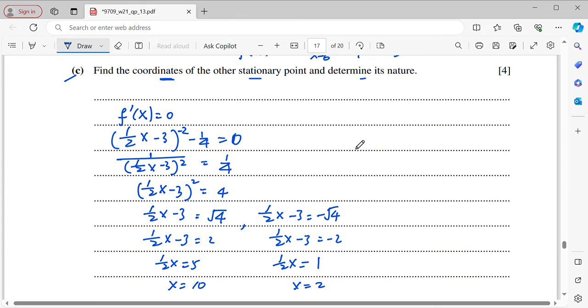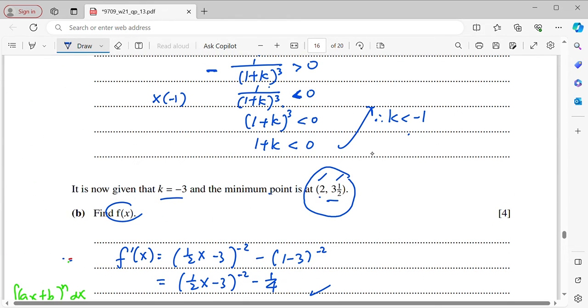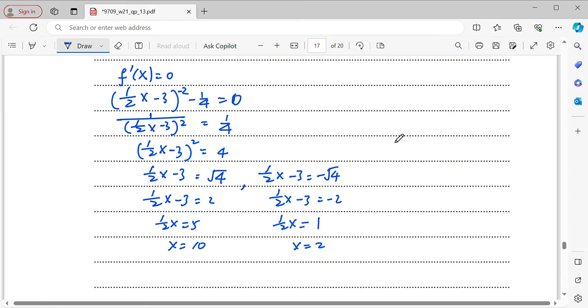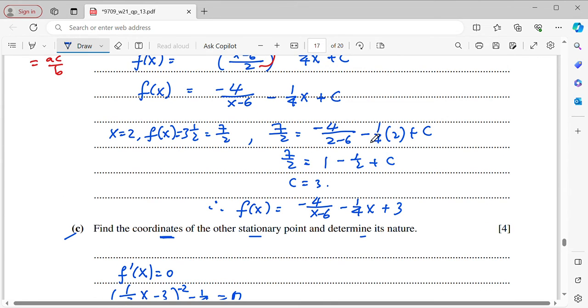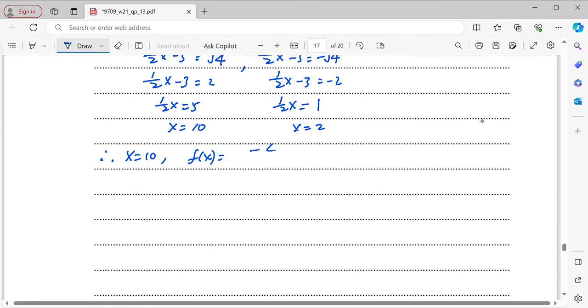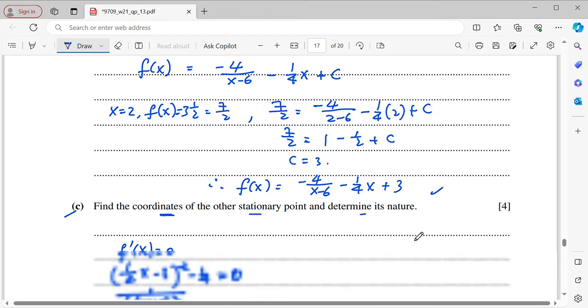Okay, so you were given just now the point at x equals 2. That means the other stationary point will be when x equals 10. So now I need to find my y value. So x equals 10. My y value is f(x), which is negative 4 over x minus 6, then minus 1 over 4x plus 3.